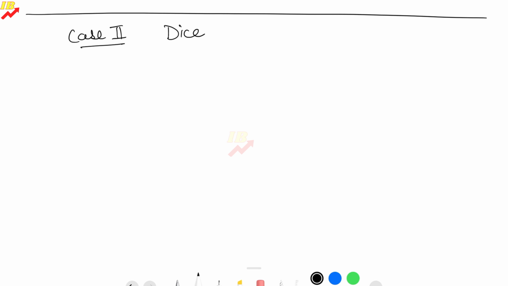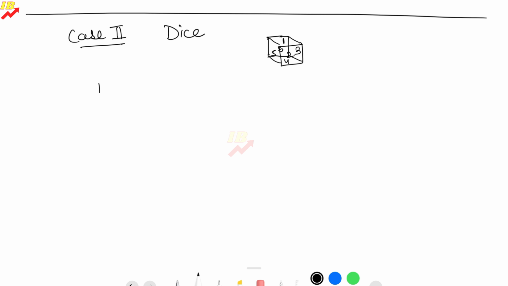It is a cubical figure. Cube looks like this, and you see numbers on every face, right? Like this. Okay, so all the faces have different numbers. None of the numbers is going to repeat.